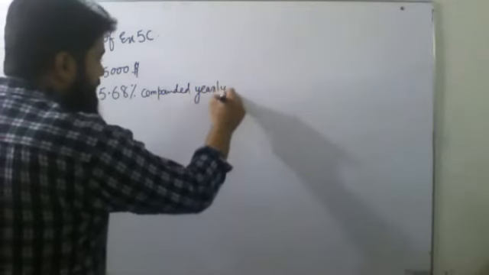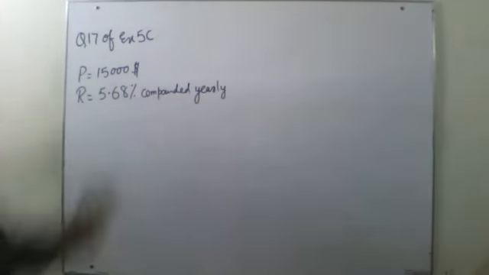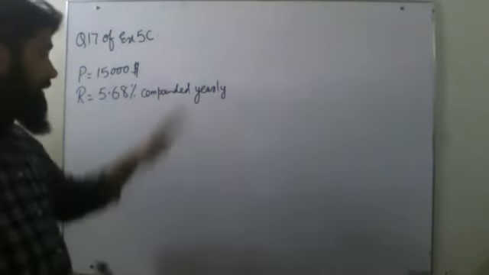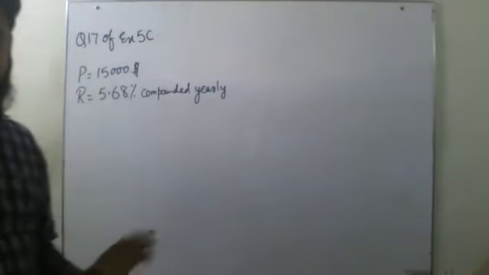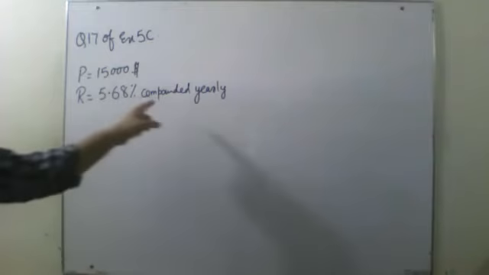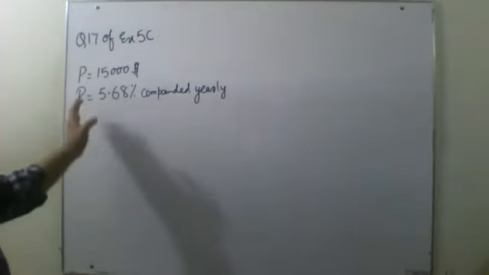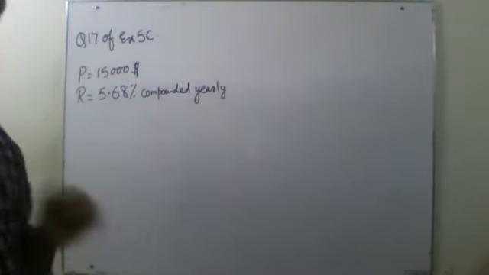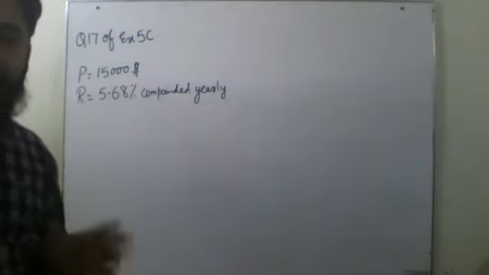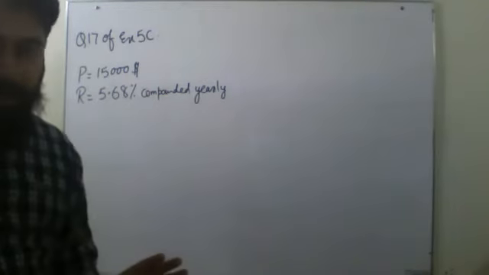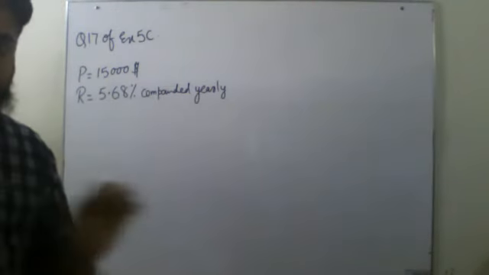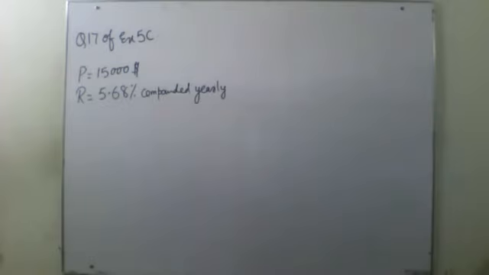Whatever the percentage, if it is compounded yearly, it means this is a compound interest question. Otherwise, if only the yearly rate is given and no compounded word is given, then it is a simple interest question. Okay, that is the identification to distinguish.